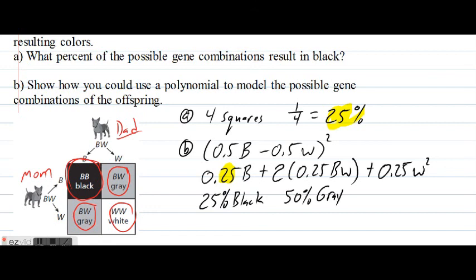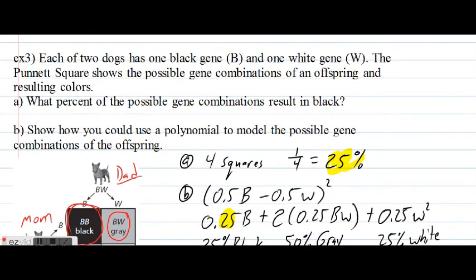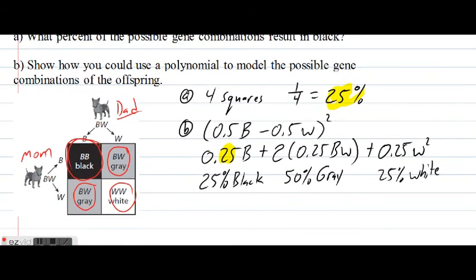And then another 25% chance that the puppy would just be white. Alright, so for you guys that have seen this before in biology, you know this a little bit more than I do. Okay, but there's how the math works even in biology.